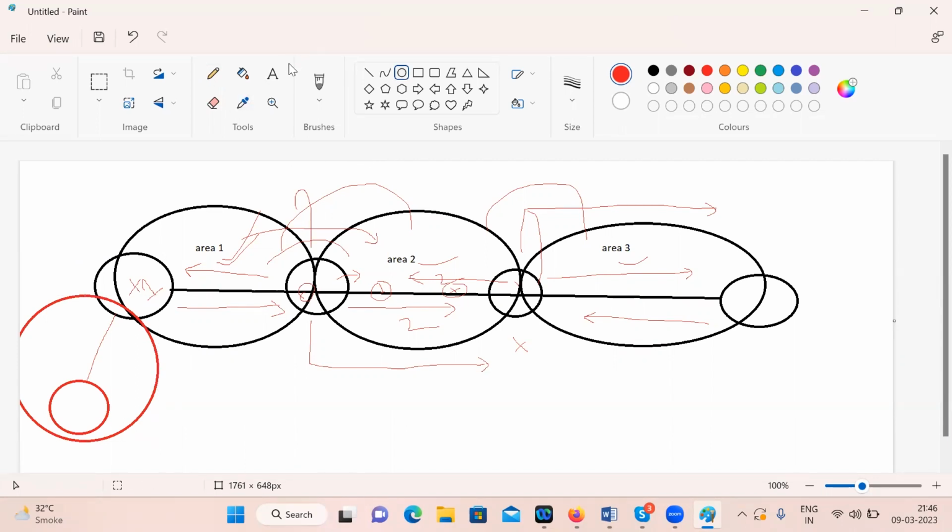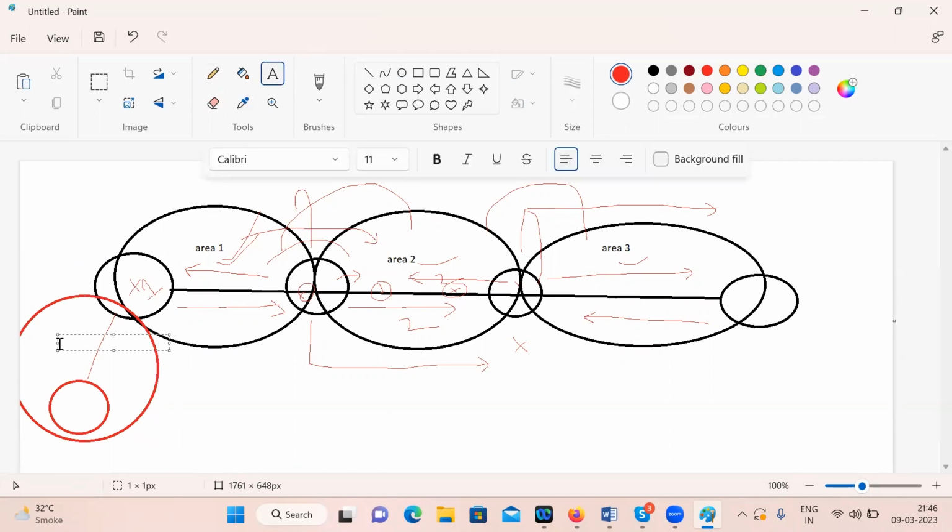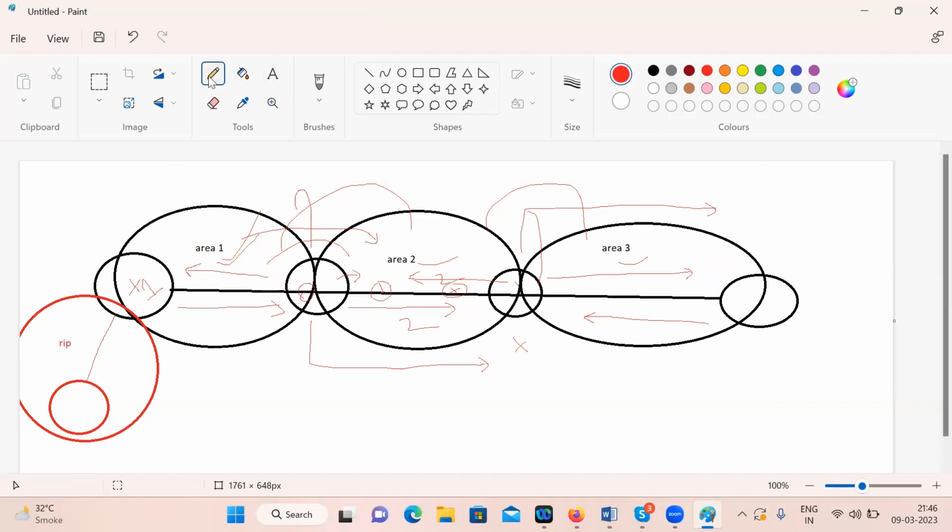Generated by the ABR, the area border router. For what? It is for reaching the autonomous system border router, ASBR. Okay, very good.